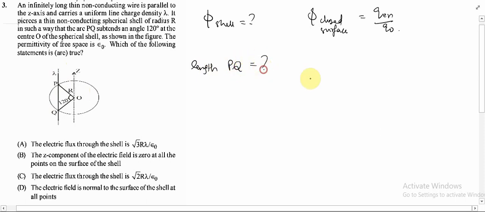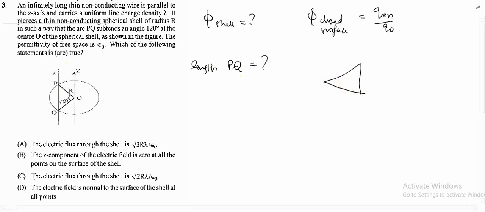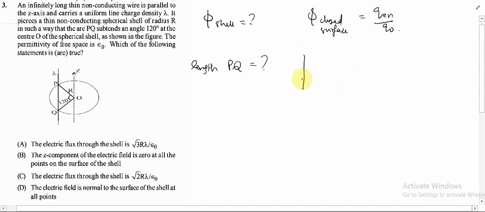Okay, so we know that the length PQ subtends an angle 120 degrees at the center. So this will be 60 degrees, and this is our total length PQ.